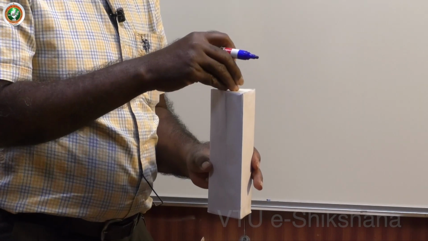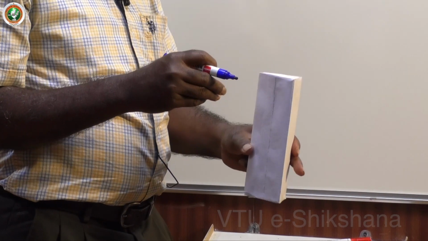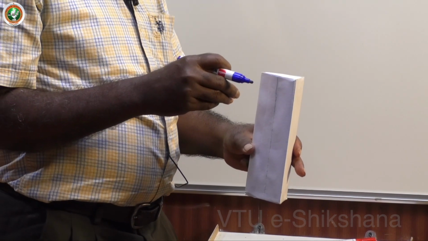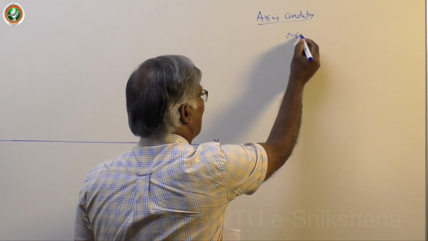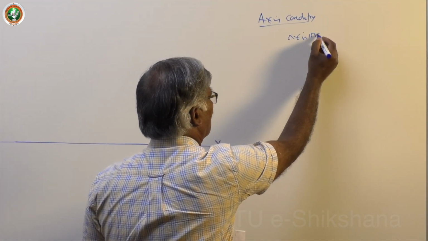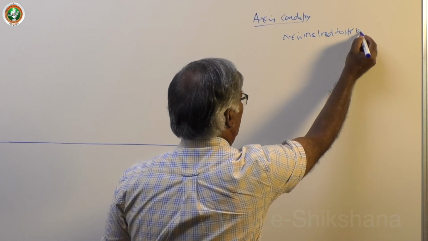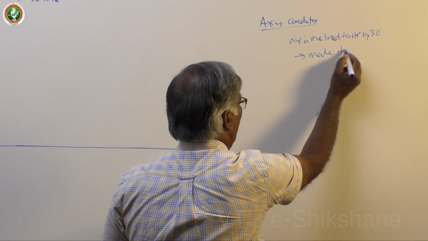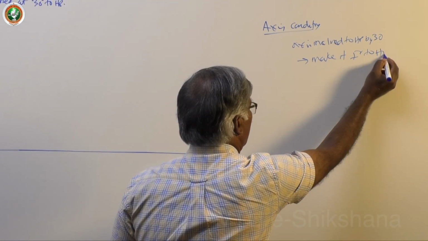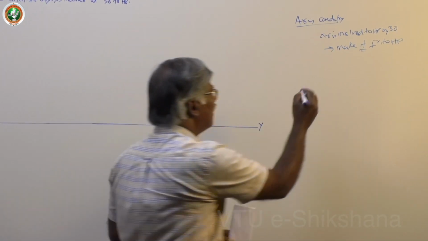Here is the first position to get the true shape. So make the axis perpendicular to HP. Here the indication is axis inclined to HP by 30 degree, so you make it perpendicular to HP. What for?